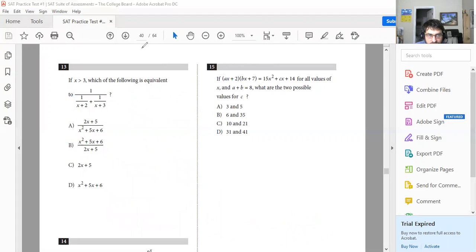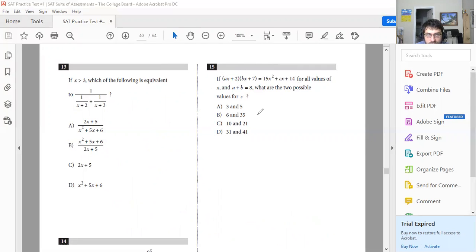Number 15 now. Ax plus 2 times bx plus 7 equals 15x squared plus cx plus 14 for all values of x. And a plus b equals 8. What are two possible values for c?